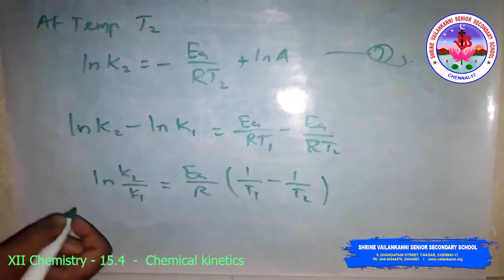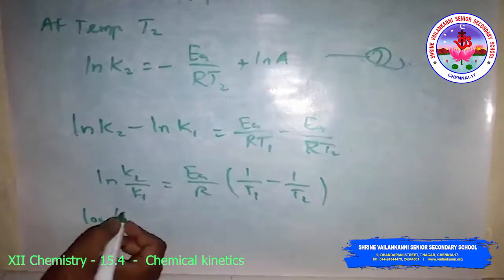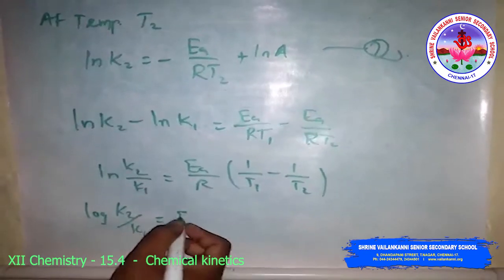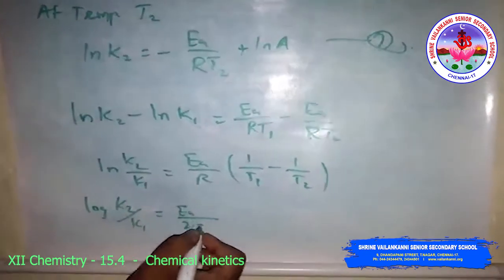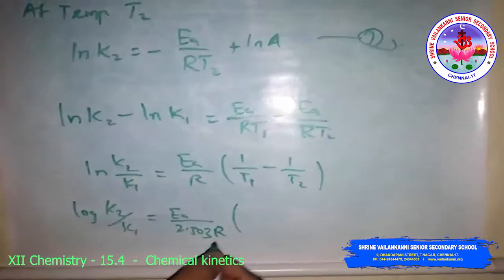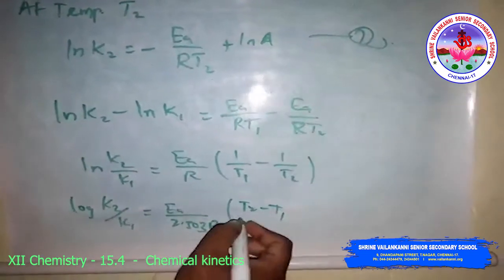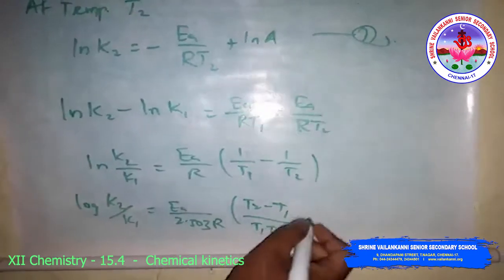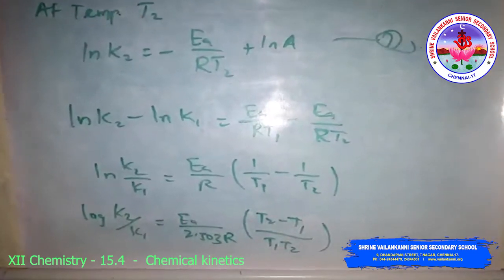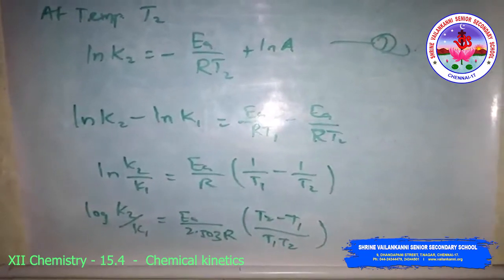Converting ln to log, you get log of K2 divided by K1 is equal to Ea divided by 2.303 R into T2 minus T1 divided by T1 T2. So this is called the Arrhenius equation for calculating activation energy.